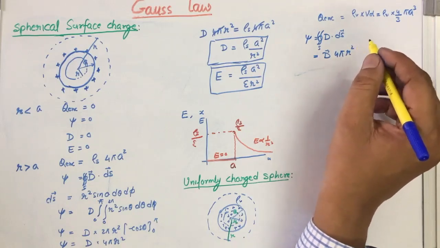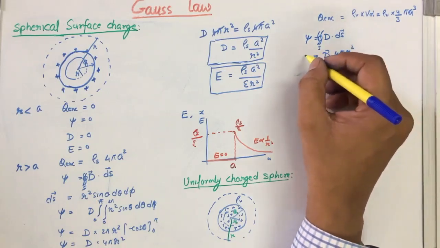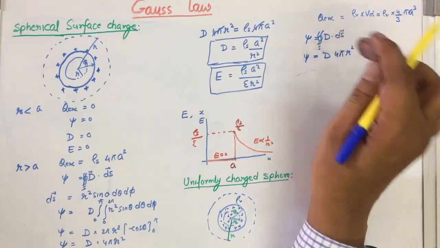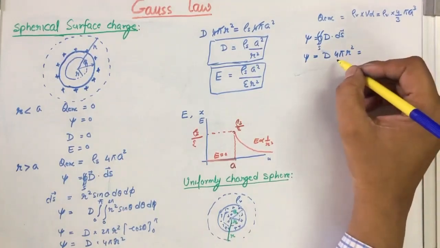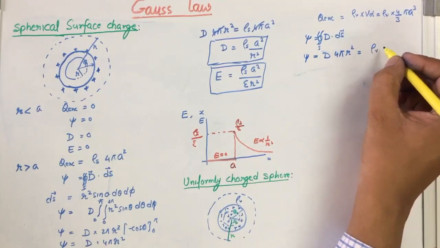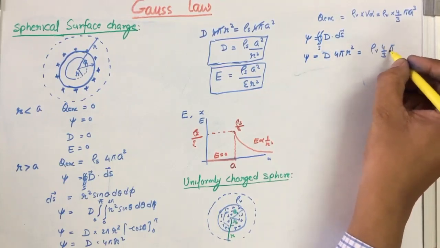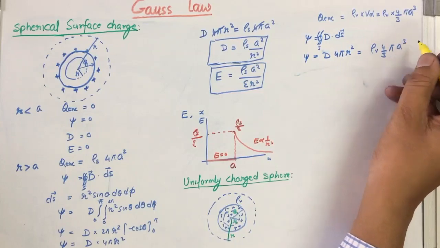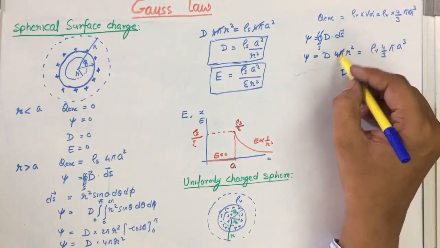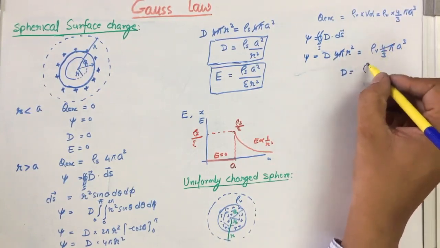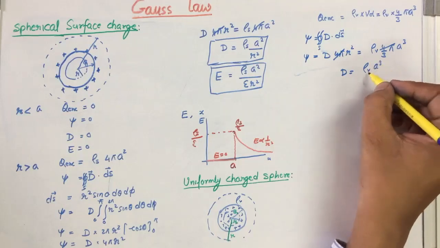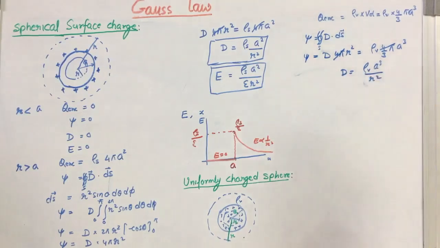Okay, so this will be the flux, and we know that flux, D into area, will be equal to the charge enclosed. Now simplify this. From here we can say 4 pi will be cancelled out. It will be volumetric charge density, rho v, A cube by r square.